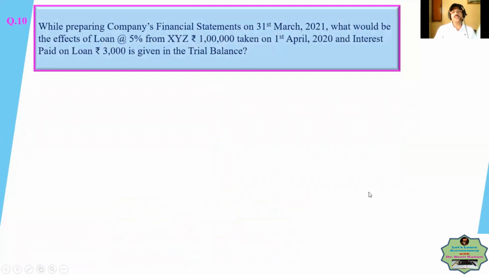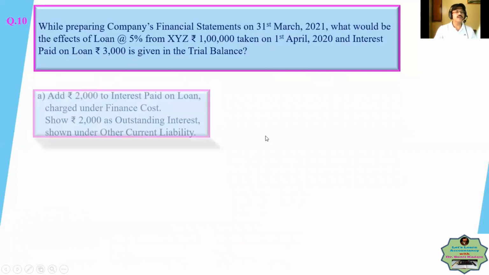And the last MCQ for today's discussion. While preparing the company's financial statement on 31st March 2021, what would be the effect of a loan at the rate of 5% per annum from XYZ of rupees 1 lakh taken on 1st April 2020, where the interest paid on the loan, rupees 3,000, is given in the trial balance?